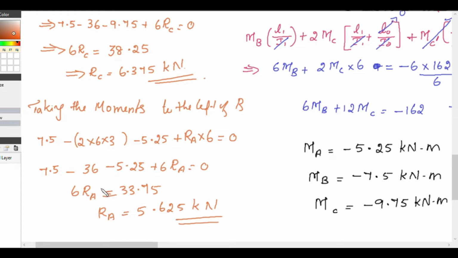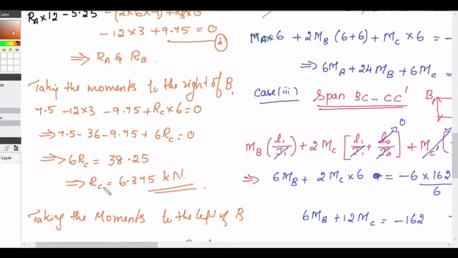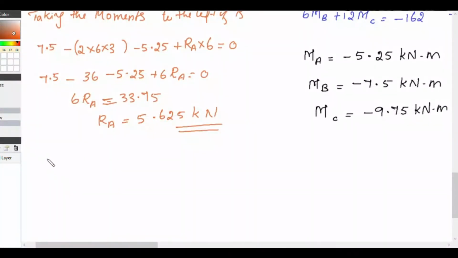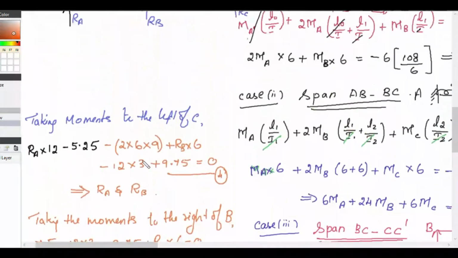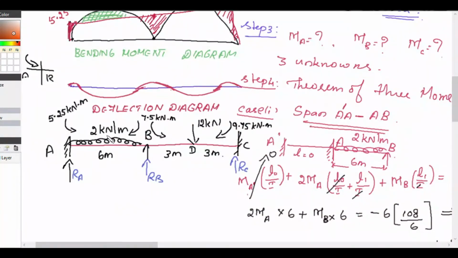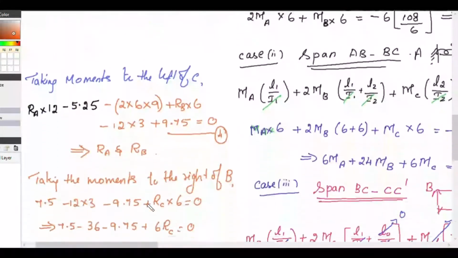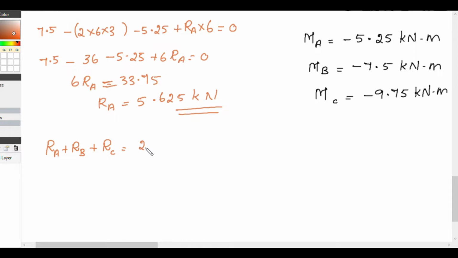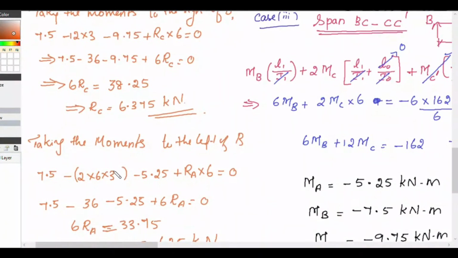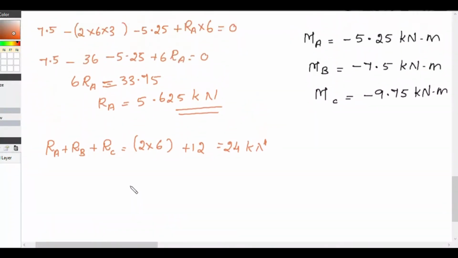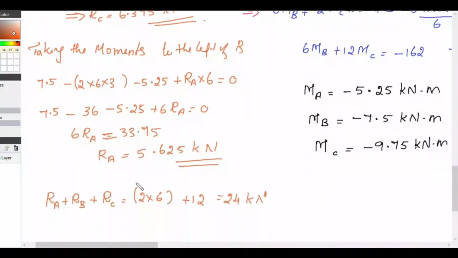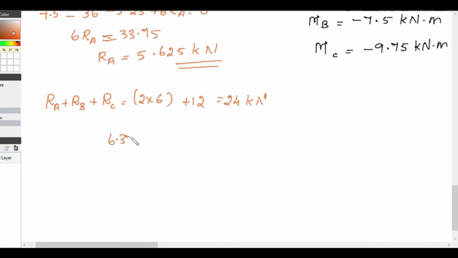Now we know upward loads is equal to downward reactions, right? So RA plus RB plus RC is equal to the total loads, which is 2 into 6 plus 12. So 12 plus 12, 24 kilonewton. We have already found RC as 6.375.